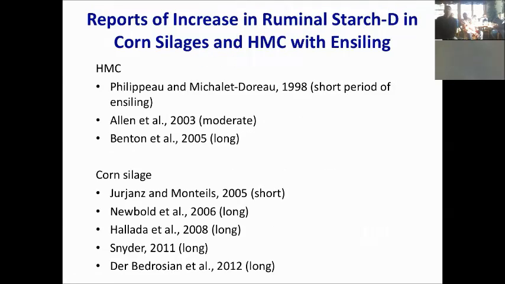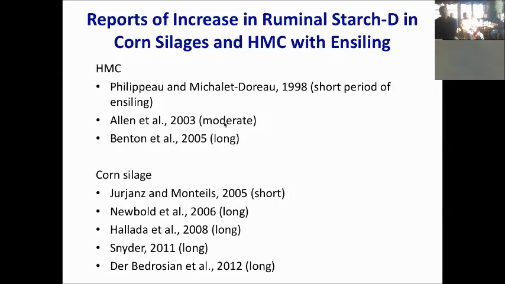Now, the next thing I want to quickly talk about is the reports that we all know of now. We've known this for many years, that ruminal starch digestibility in corn silages and high moisture corn appears to increase with time within the silo.